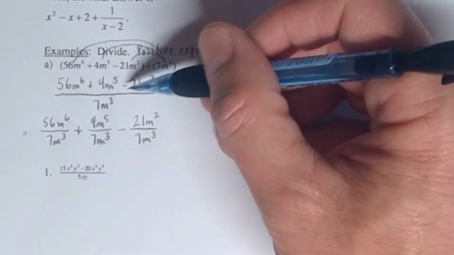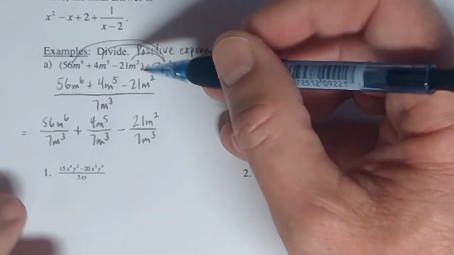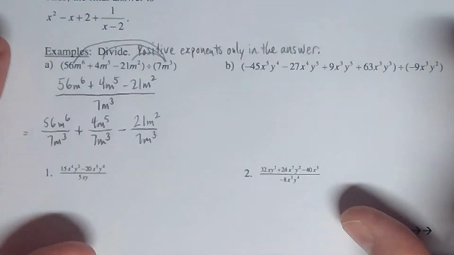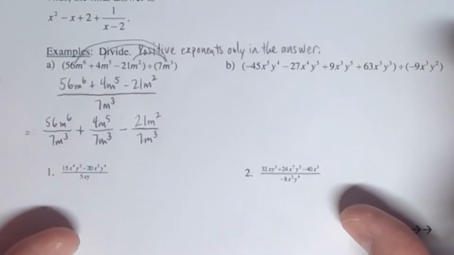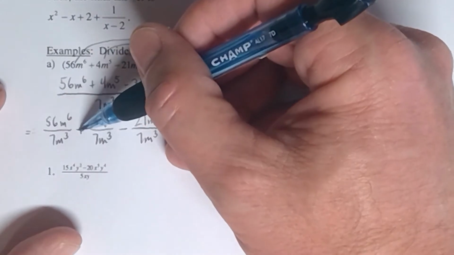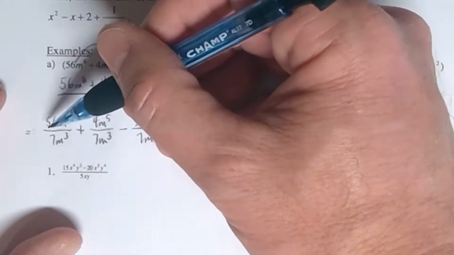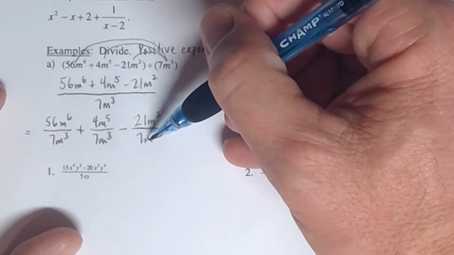I know you're thinking, hey, 21 divided by 7, that's equal to 3. But no, we don't do that yet. I'm just trying to figure out what the sign of each one of these things is right now. When you figure out the signs in front of each fraction, do not put any negative signs inside of the fractions.